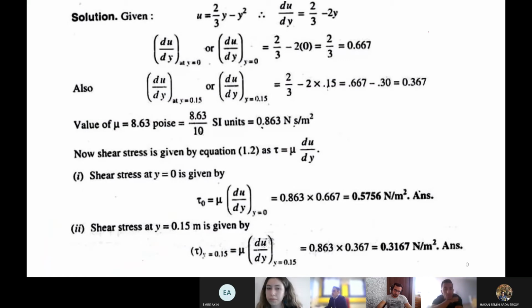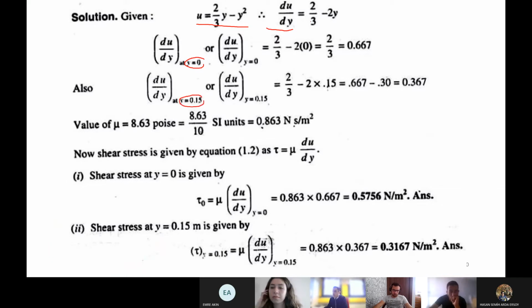So the solution is like this. If you find the correct answer, congratulations to you. Otherwise, really sorry. I have u, and this is my du over dy. Taking the derivative of this gives you 2 over 3 as the only coefficient, and minus y squared gives minus 2y. Now this is my derivative, where I need the shear stress at y equals 0 and at y equals 0.15.